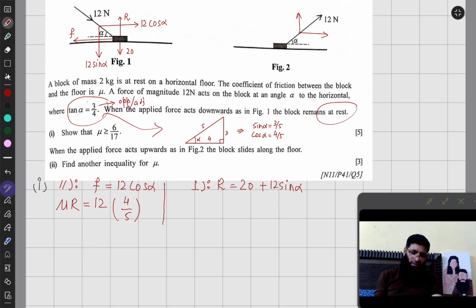And similarly, let's talk about this equation. This is basically R is equal to 20 plus 12 sine alpha, and sine alpha is 3 by 5. So R will be, let me open my calculator, 20 plus 12 times 3 by 5. That will be 136 over 5.